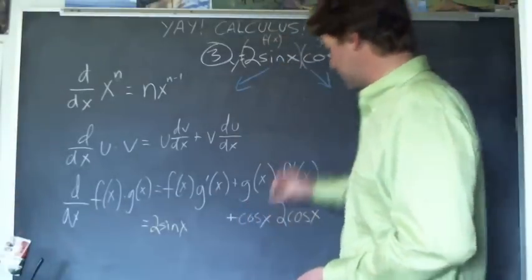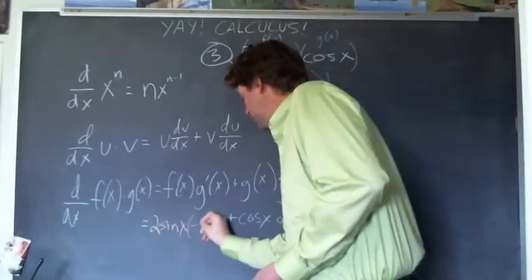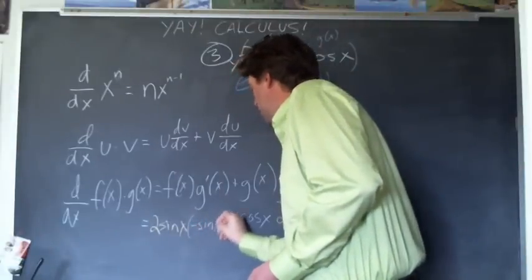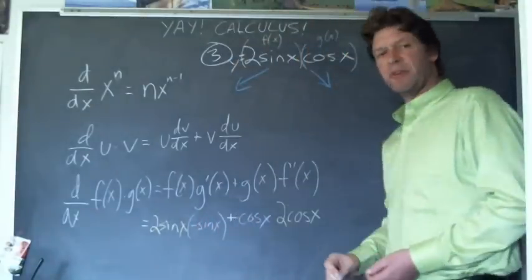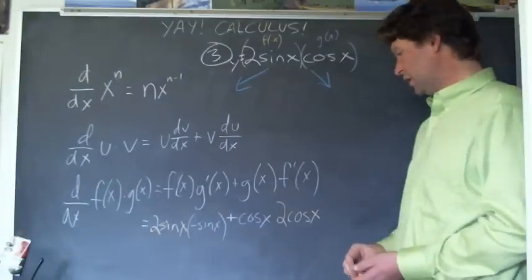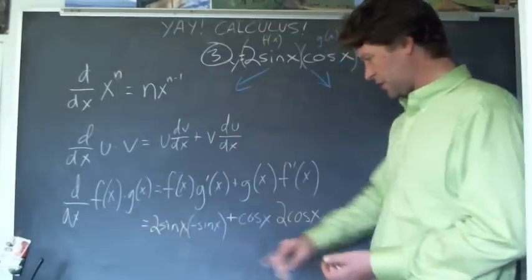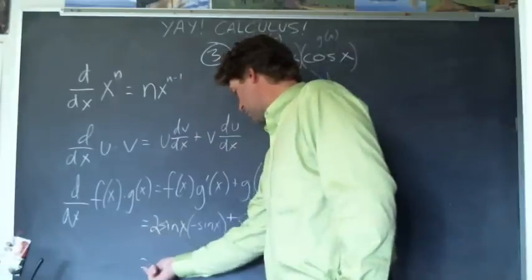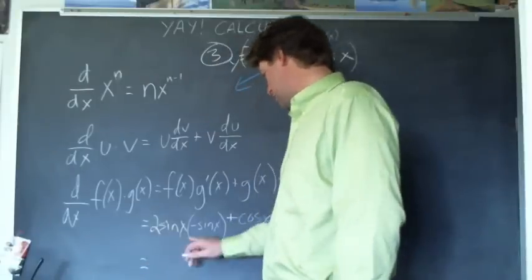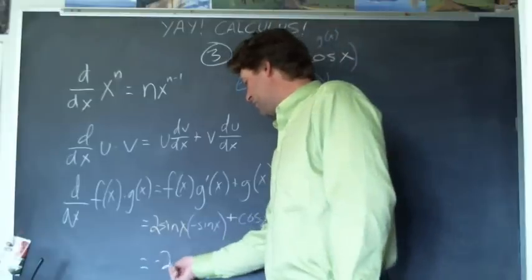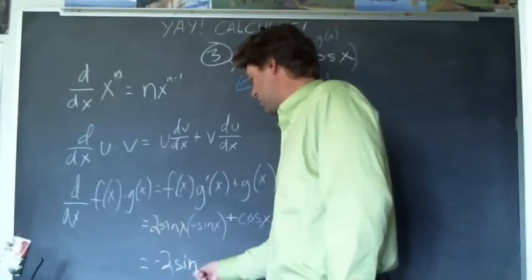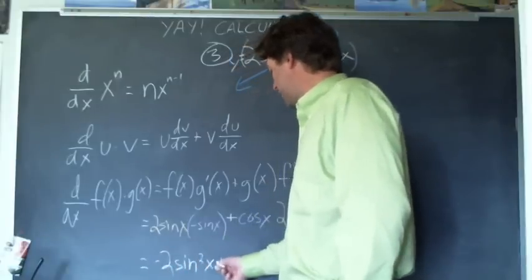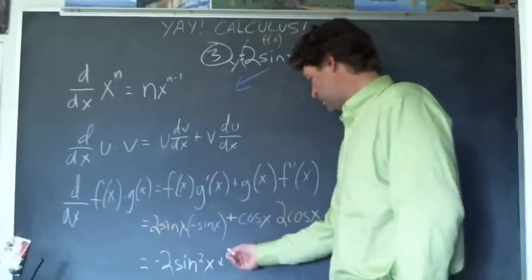And the derivative of cosine is negative sine. That matches up with g prime of x. So we get a sine squared and a cosine squared, both with a 2 in front. This one will be negative, so negative 2 sine squared x plus 2 cosine squared x.